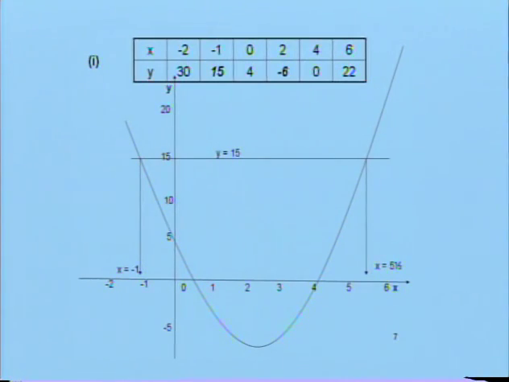When the quadratic equation is solved graphically, these are the two values that will satisfy the equation: x is equal to -1, and x is equal to 5.5. And when you are required to solve graphically, there must be some indication, some marking to show that your values are read from the graph.